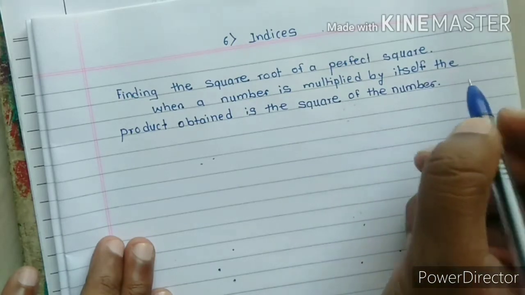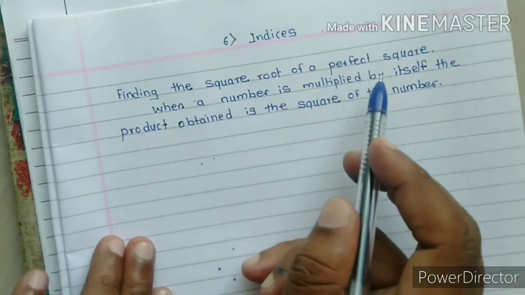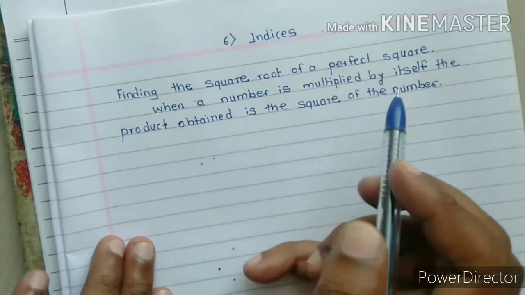It means when a number is multiplied by itself, the product obtained is the square of the number.